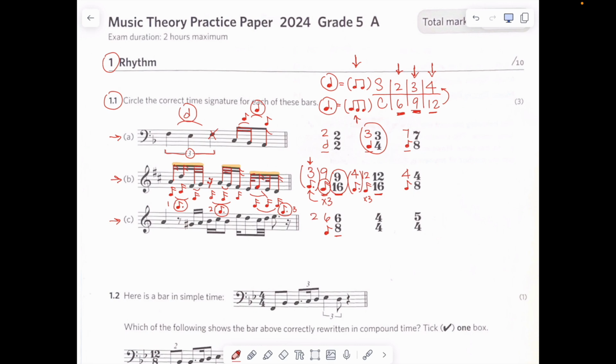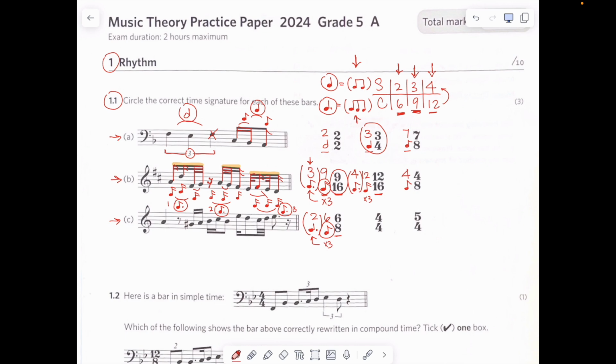And what is the main beat? It's a dotted beat, right? So that dotted beat would be a quaver times 3, which gives you dotted crotchet. So 6/8 time means 2 dotted crotchet beats in a bar.